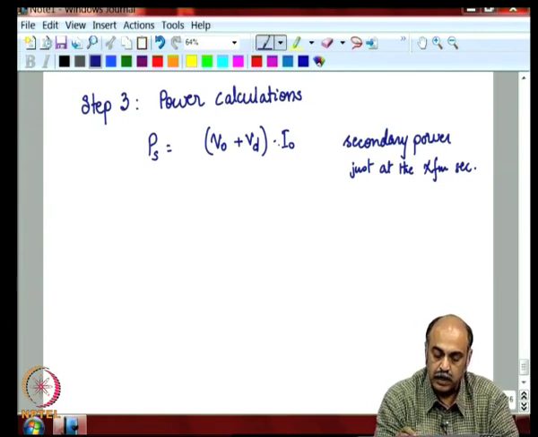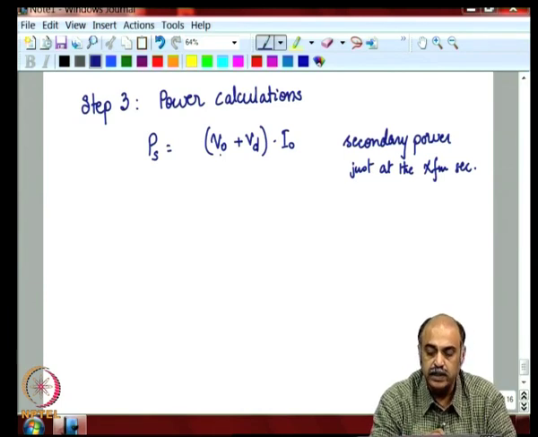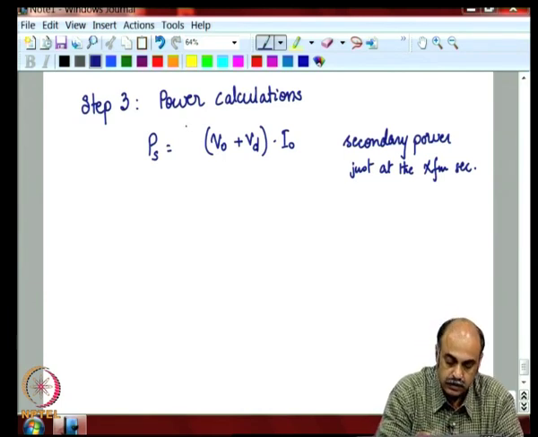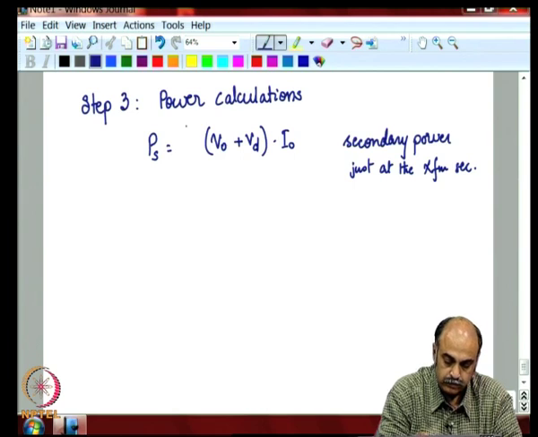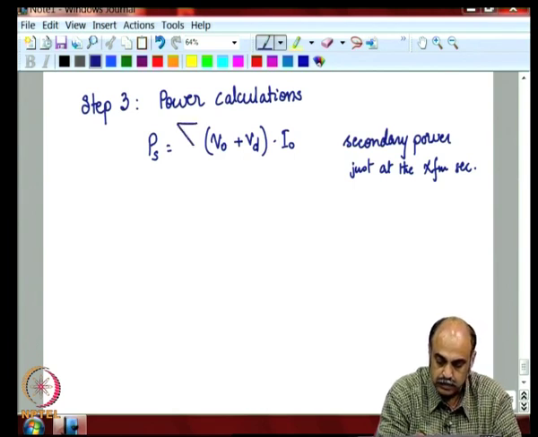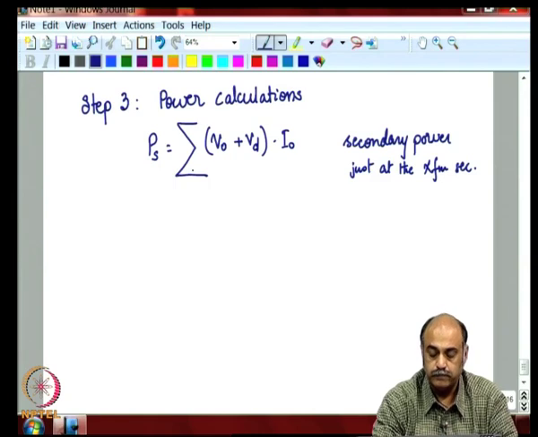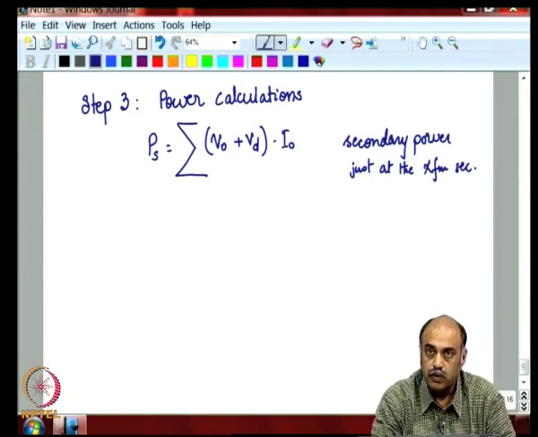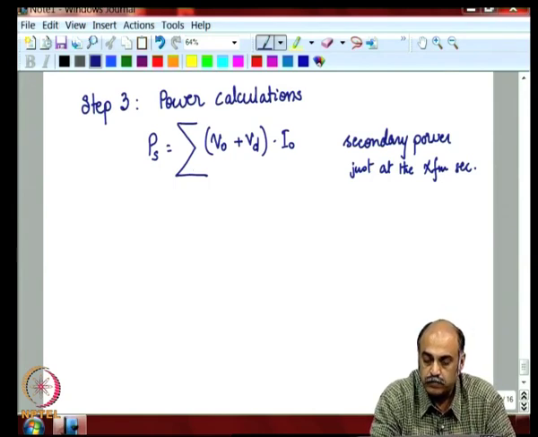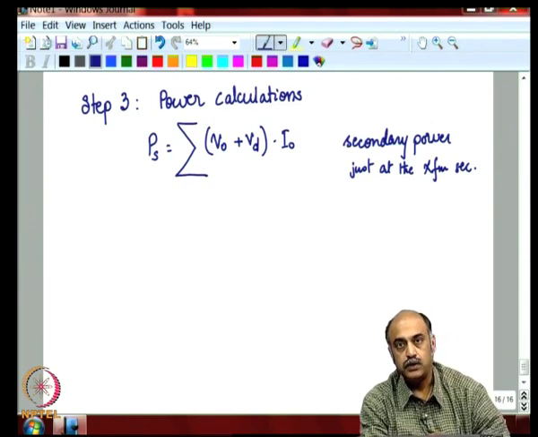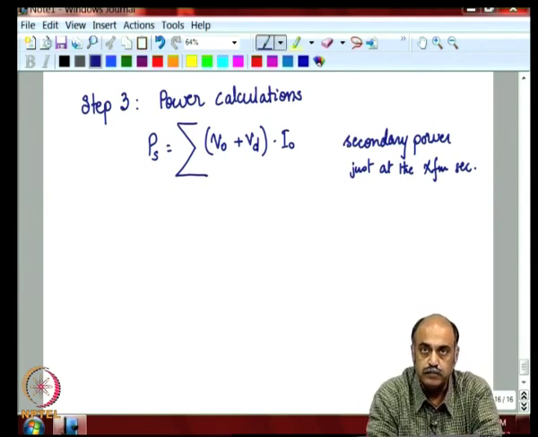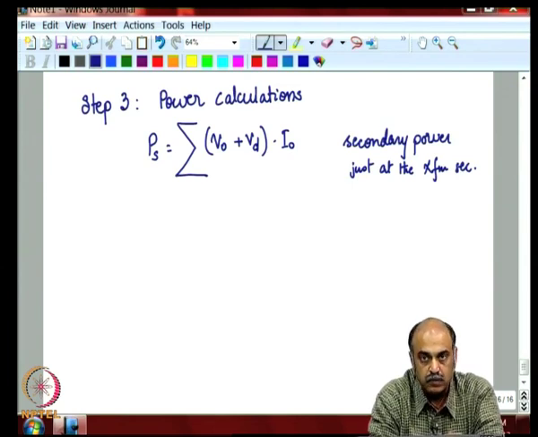Now, if you have multiple windings, then it is actually sigma of this. Now, if you want to accommodate for the drops, winding resistance drops, because let us say you have a transformer and the transformer has secondary windings, and there is also the windings of the inductor.